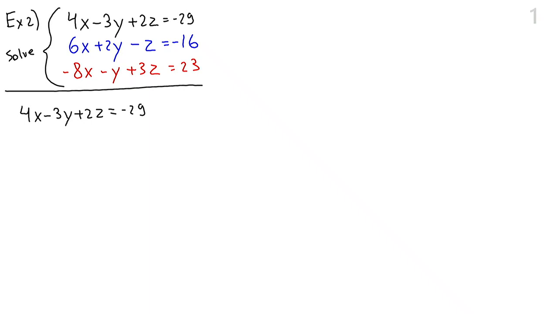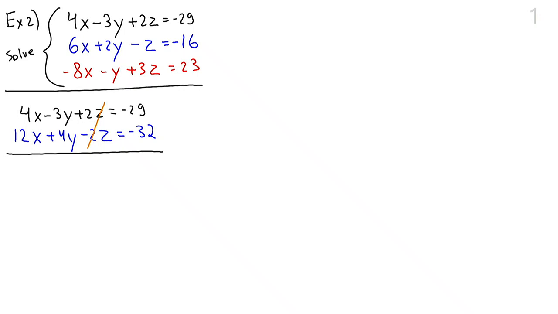So I multiply the second equation by 2 and I get 12x plus 4y minus 2z equals negative 32. And now I can add these equations and I get precisely what I wanted. I'm eliminating the z variable.